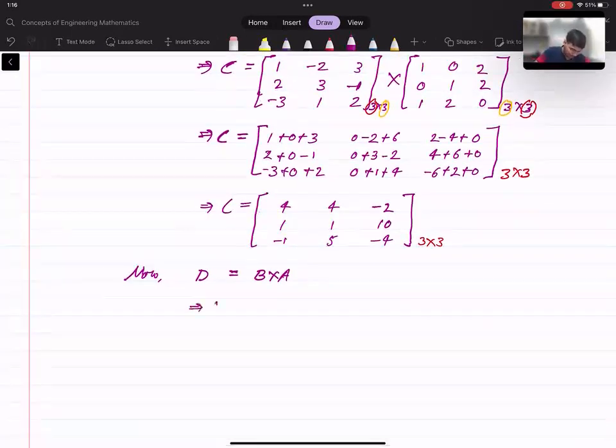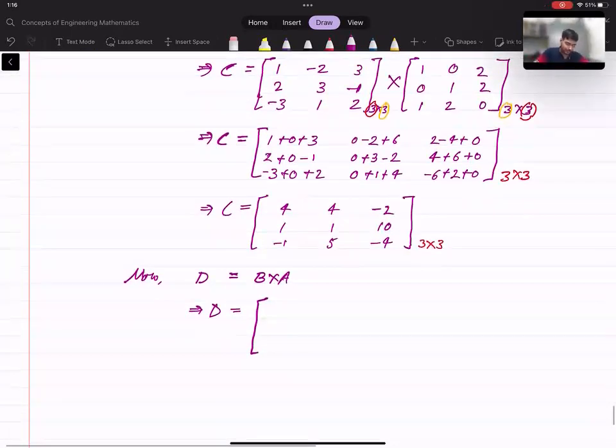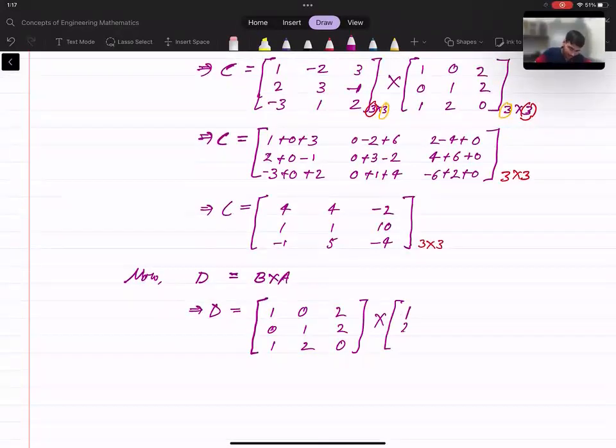So this matrix B was given to us as this was 1 0 1 0 1 2 and then 2 2 0, and this was being multiplied with A, which was 1 2 minus 3, then minus 2 3 1, and this is 3 minus 1 2.